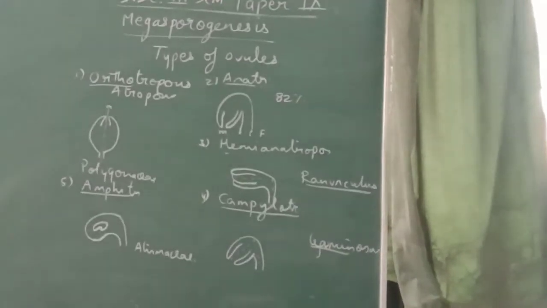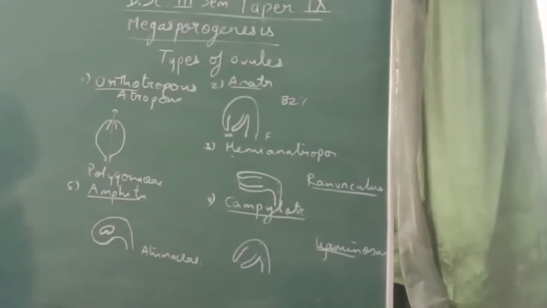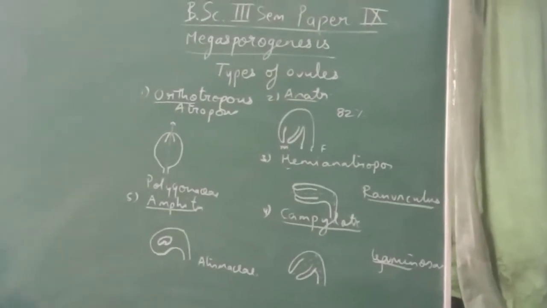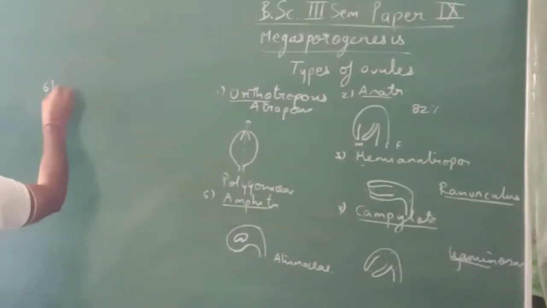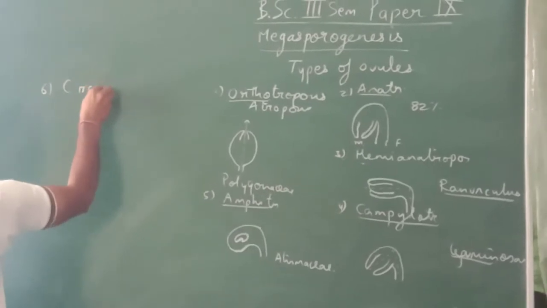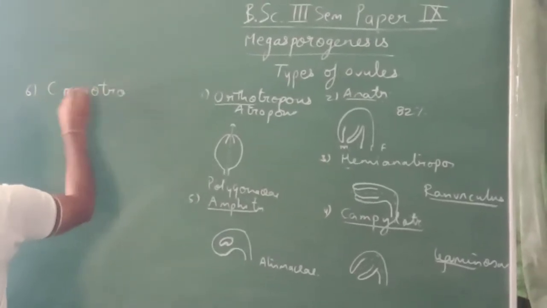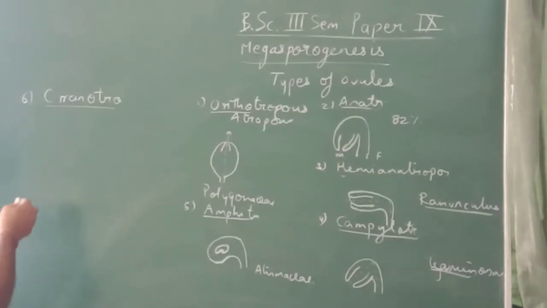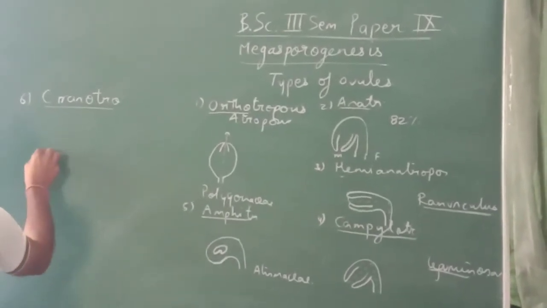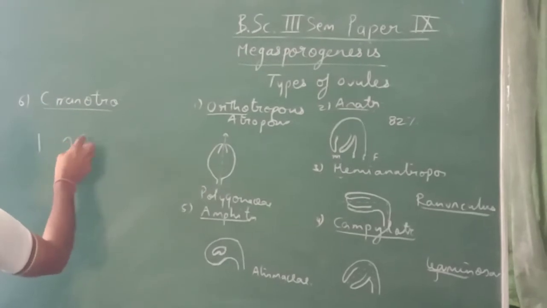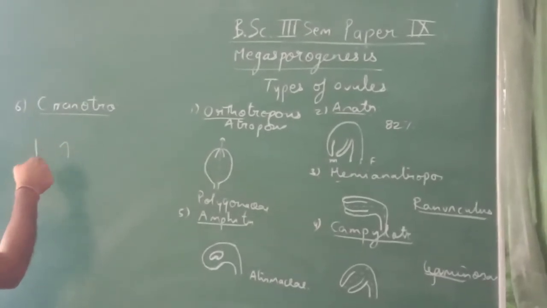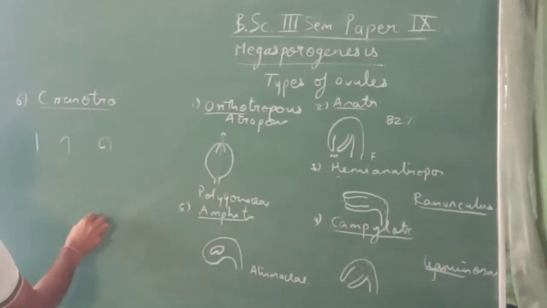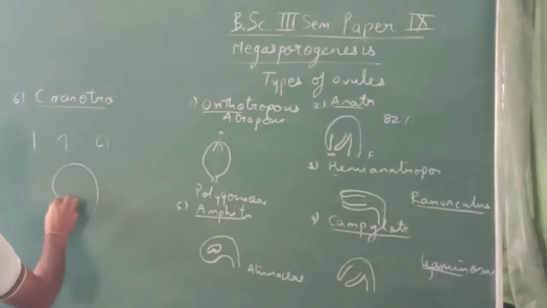The sixth type of ovule attachment we call circinotropous, in which the ovule was initially ortho, then became ana, and finally became ortho, and the final structure looks like this.